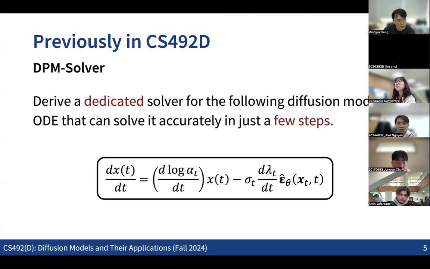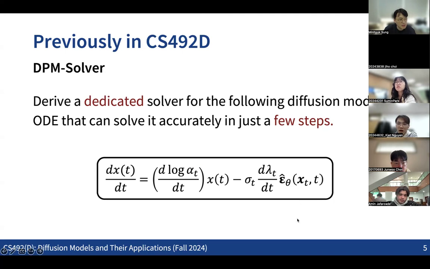But the downside of using a numerical solver is that we need to run multiple steps to get very accurate outputs. So the question is how we can derive a dedicated solver for this specific ODE formulation, so that we can get accurate outputs by running just a few steps of computation.